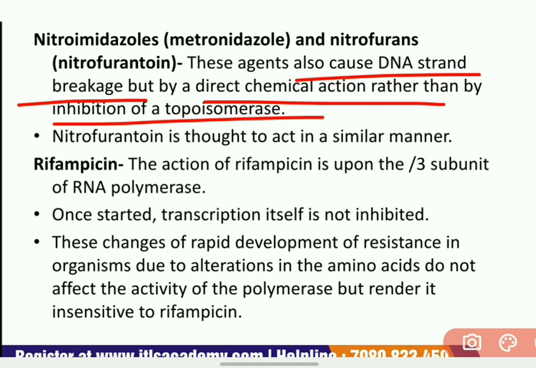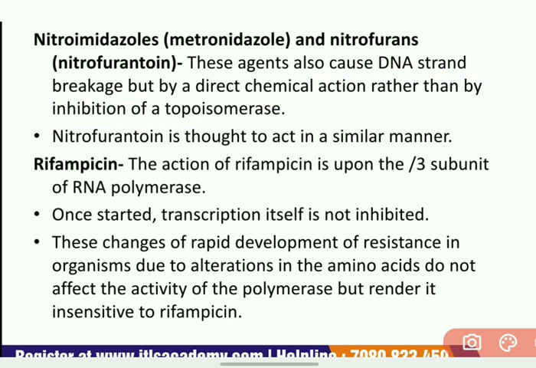The nitro group of metronidazole is converted to a nitro radical by the low redox potential within cells. The activated metronidazole then attacks the DNA, producing strand breakage. Nitrofurantoin is thought to act in a similar manner.